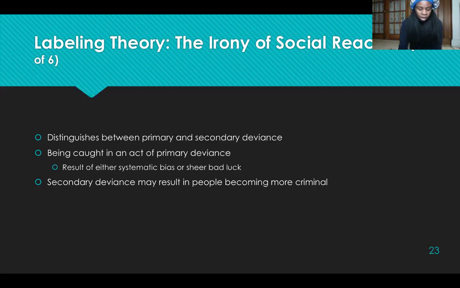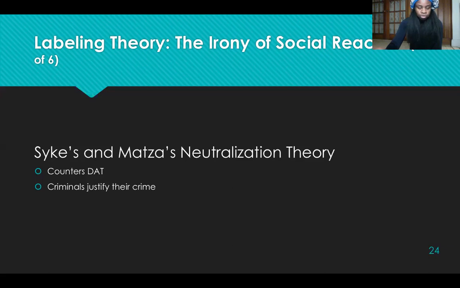So let's go on to Sykes and Matza's neutralization theory. Sykes and Matza's neutralization theory, NT, attacks differential association's failure to explain why some people drift in and out of crime rather than being consistently criminal. It also runs counter to the assumption of differential association theory and subcultural theories that give the impression that criminal behavior is endowed with positive values and condoned as morally right.